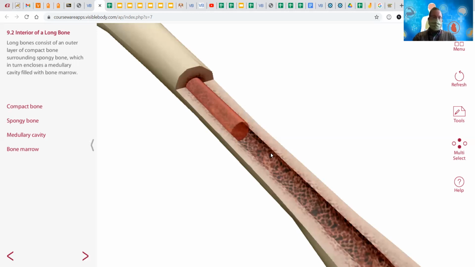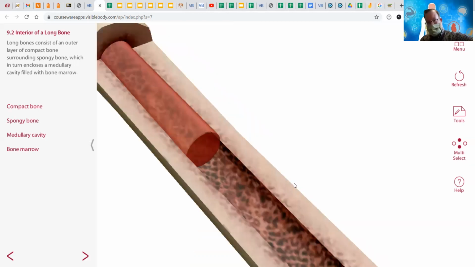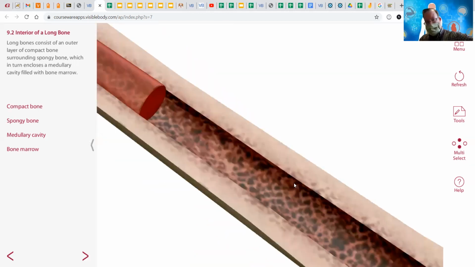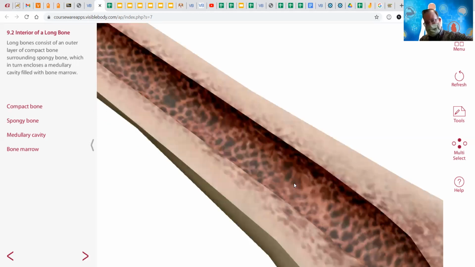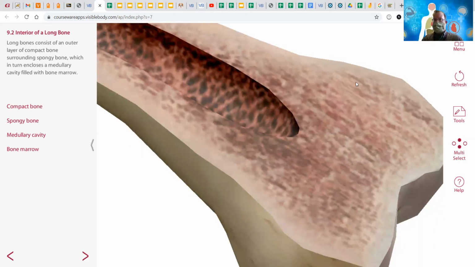Now, when we go in a little bit deeper, we start to see some porosity, or some holes. You can kind of see it's shadowy there. You can see these grooves there. You can start to see it here, where it becomes more porous. You can see this outer rim, or this outer edge here.